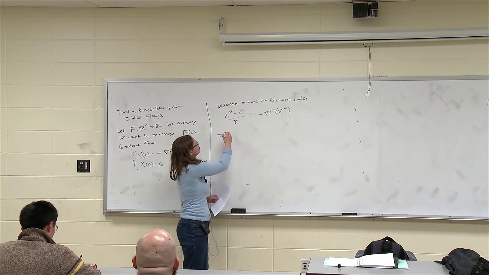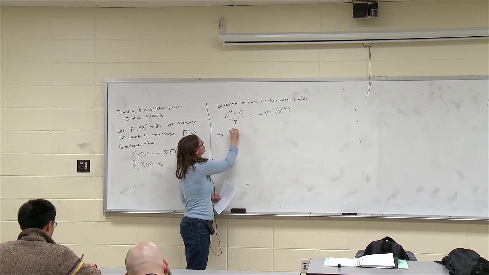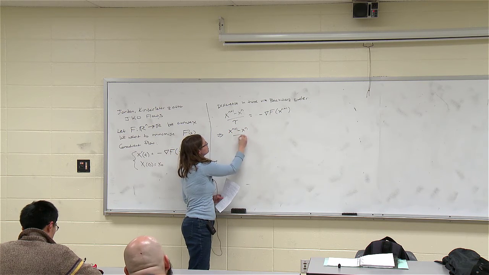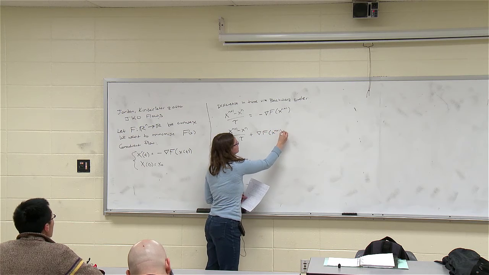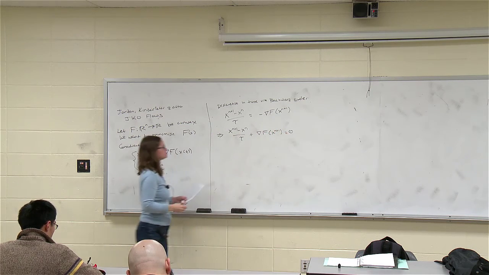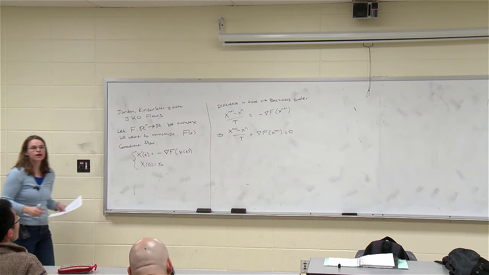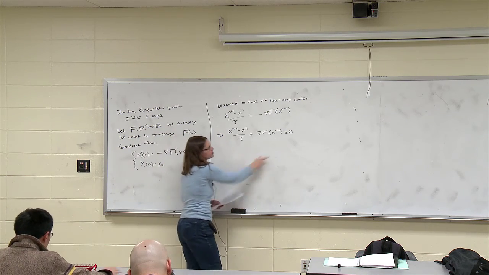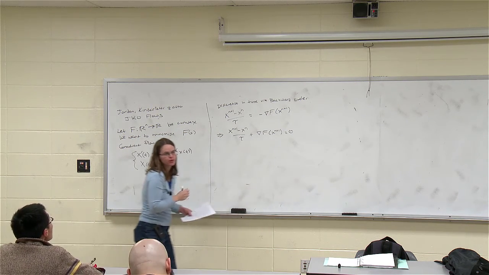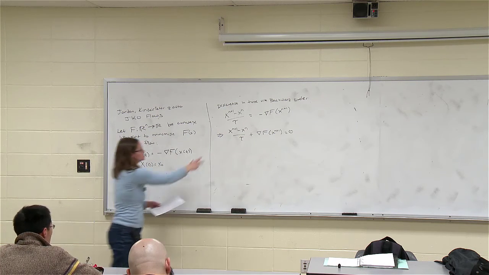Okay, so I'm going to just bring this all over to one side. And I could write this as a gradient of something is equal to 0, right, with the appropriate something. I just need a quadratic term.